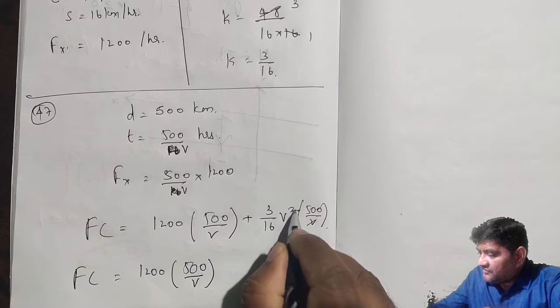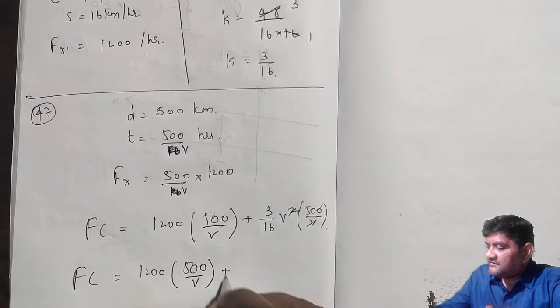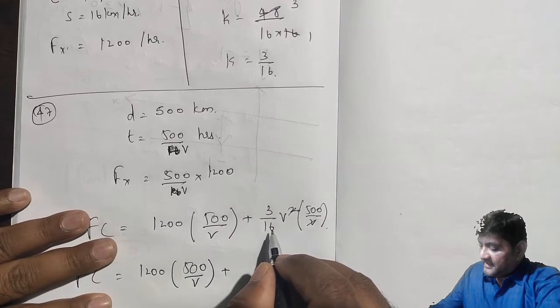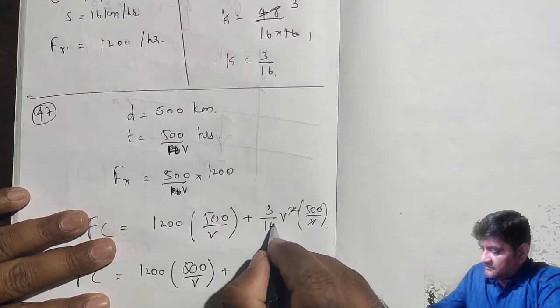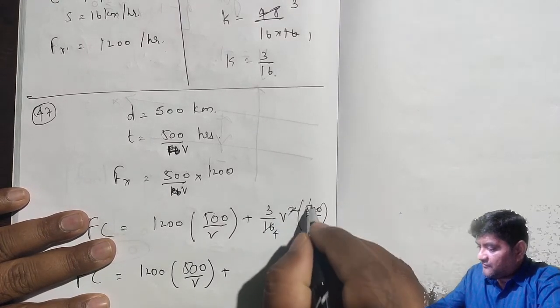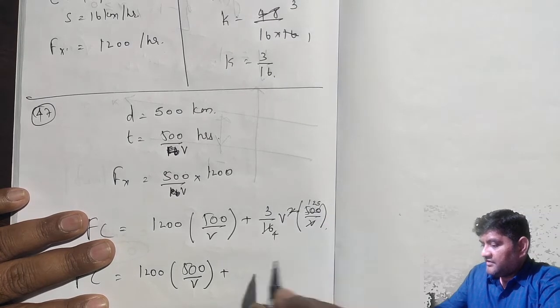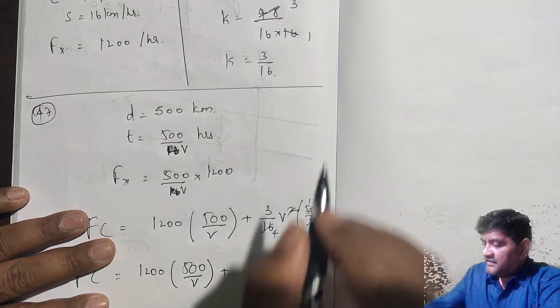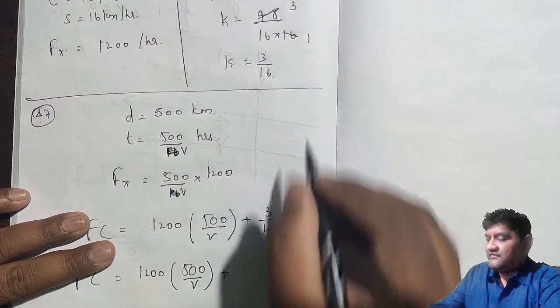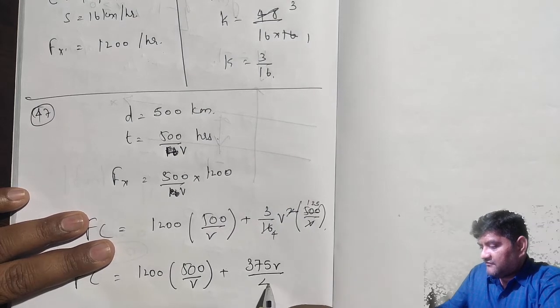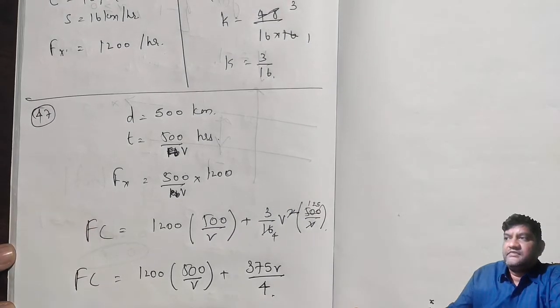But I think I can reduce this. Plus, can I reduce this further? I think I can. 4 4s are 16. 4 1s are 4. 4 2s are 8. 4 5s are 20. So 125 into 3. How much is that? 375. 375 v divided by 4. That's the fuel cost.